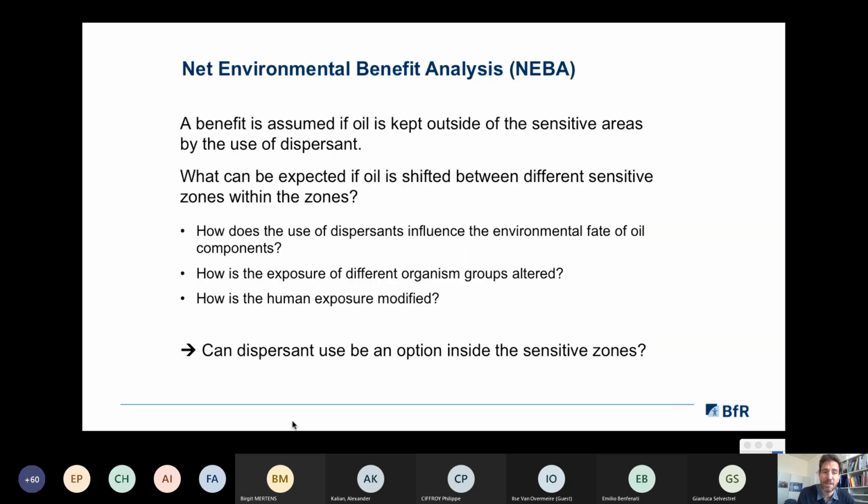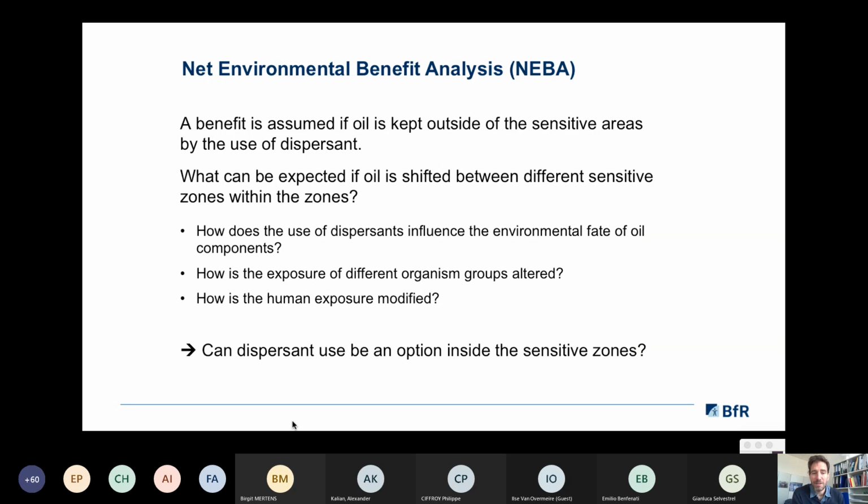Typically, what is done is a net environmental benefit analysis to look at the pros and cons of each option. And in this case, it is a benefit if we keep the oil outside of these sensitive areas. But what is not really regarded in this kind of analysis is what actually happens with the oil which is shifted inside a specific zone.